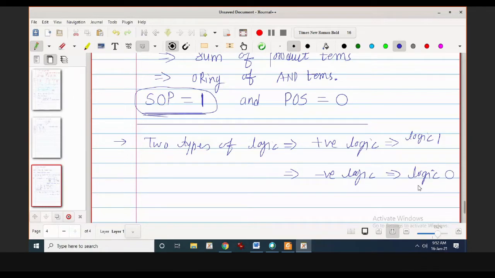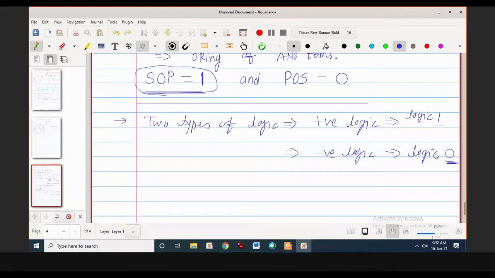Logic 0 means, in the truth table, all the values indicating the output as zeros. Similarly, logic 1 means all the values in the truth table which have logic 1 as output. So what do positive logic and negative logic mean? Positive logic means that my zero level, in terms of voltages or importance, is lower than my logic 1 level.